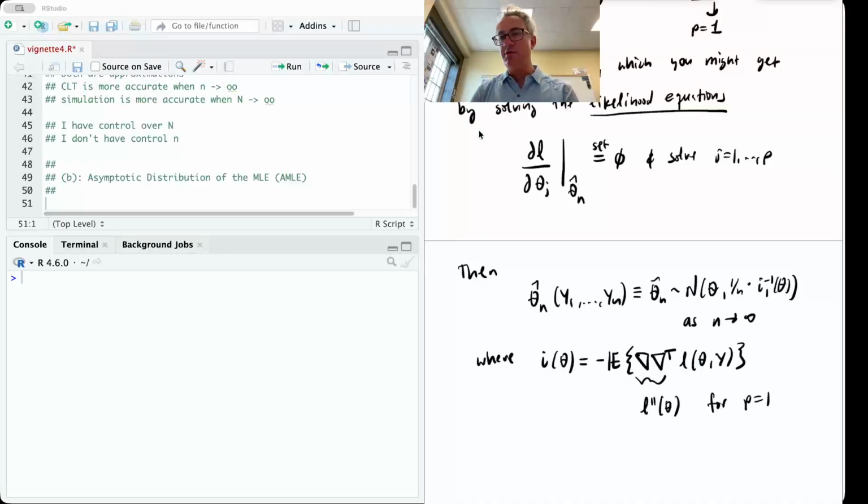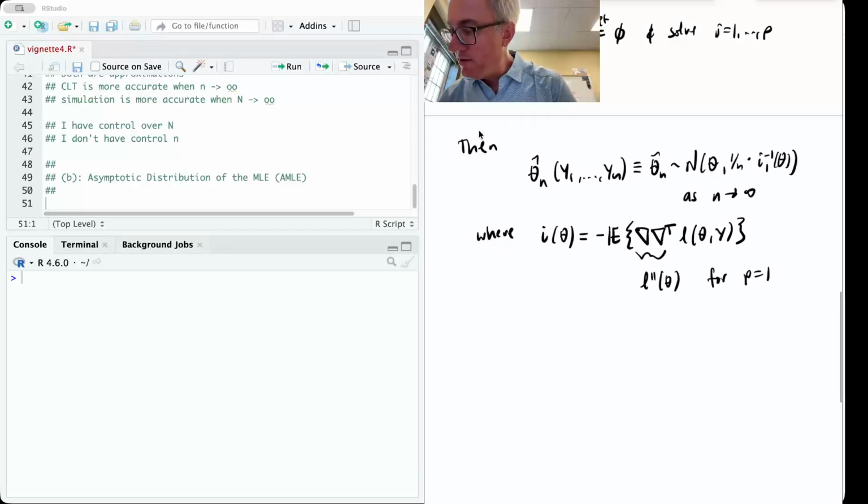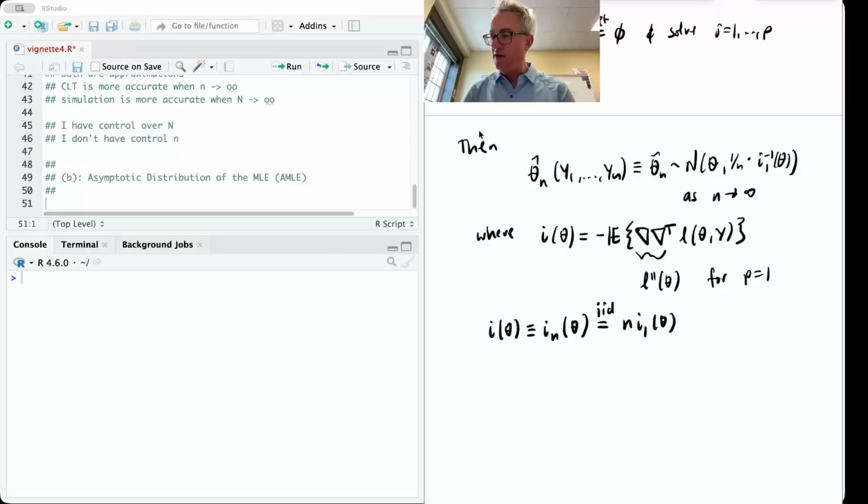So when we just have one parameter, we can do an ordinary second derivative. Now, this I of theta can be thought of as the I that you get from all n observations, which in the case of IID modeling, which is primarily what we'll do in this book, is n times the Fisher information from just one observation.